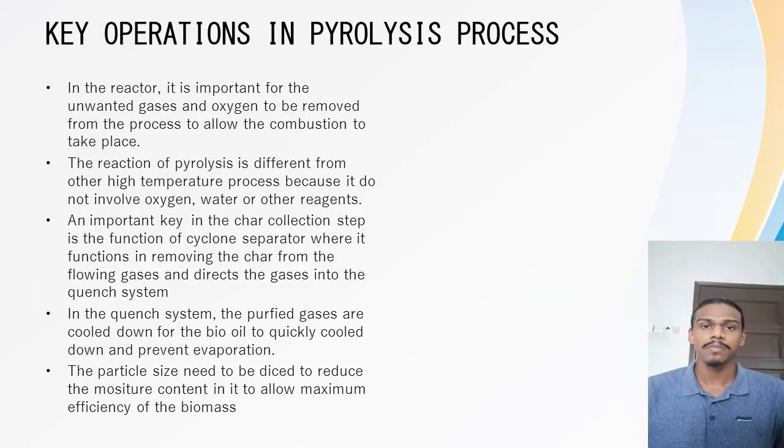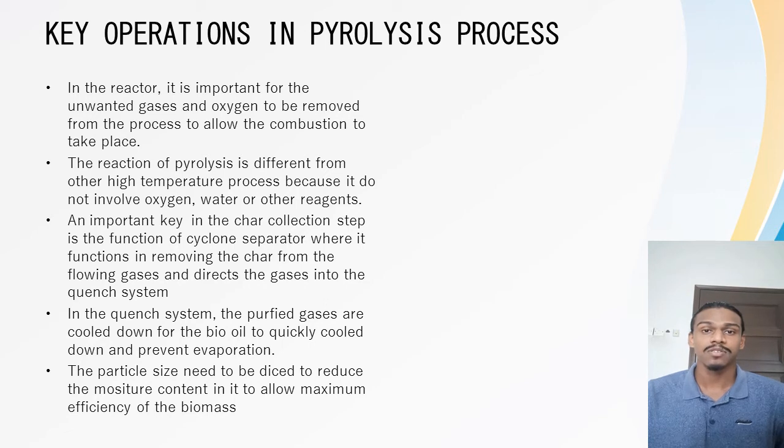In this slide, I'll be talking about the key operations that need attention during pyrolysis. Firstly, it is important to remove oxygen and unwanted gases from the reactor, and this can be carried out with the help of the airlock system. Secondly, the cyclone separator also plays a major role in removing the char separately.